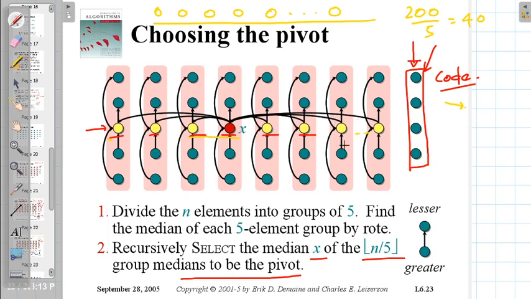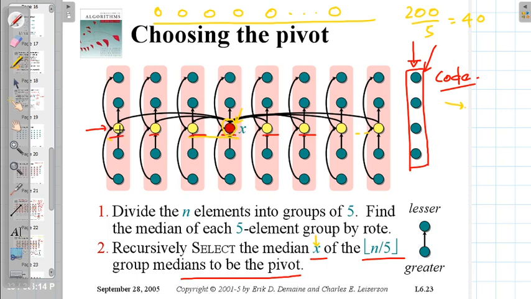So in this case x will be our median, maybe we are taking the lower median.